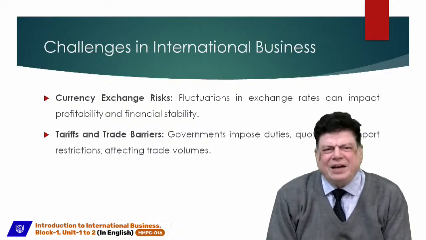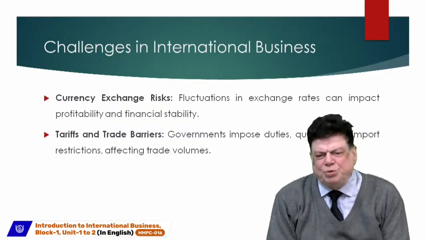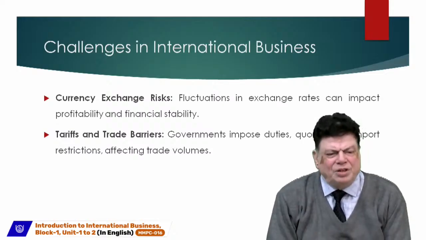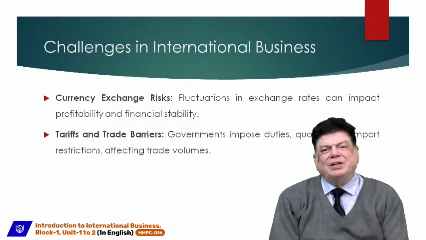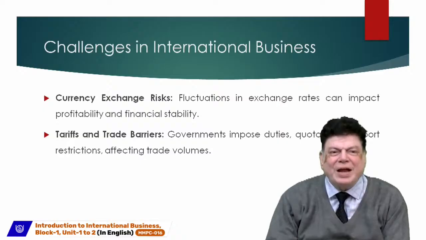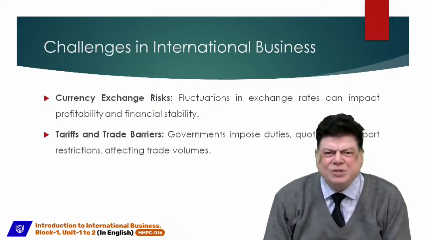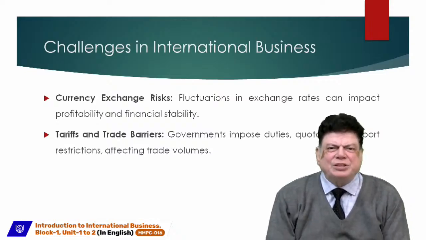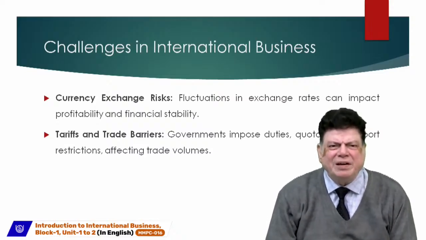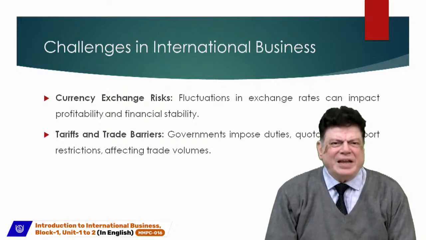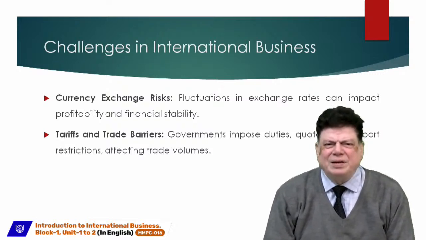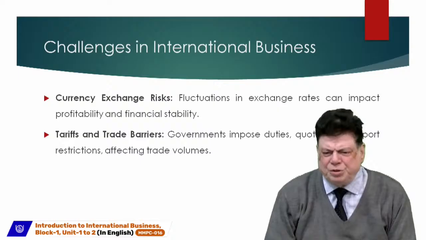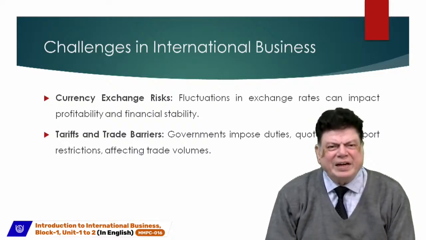Tariffs and trade barriers: government-imposed duties, quotas and import restrictions affecting trade volumes. Those tariffs and trade barriers you also have to pay. So next challenge is currency exchange risk. Fluctuations in exchange rates can impact profitability and financial stability. Tariffs and trade barriers: government-imposed duties, quotas and import restrictions affecting trade volumes.